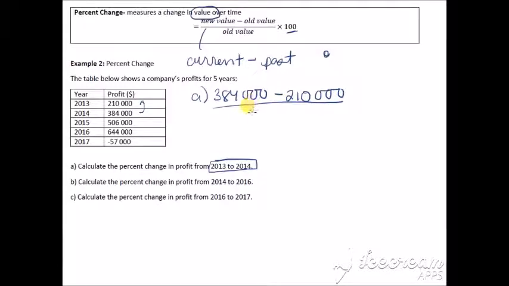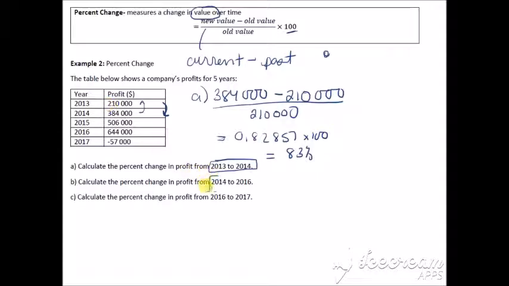And then we're going to divide it by that old value, so kind of like the starting value. And once we get this, what we get is 0.82857. We end up multiplying that by 100. So say 83%. So there was an 83% increase from 2013 to 2014.